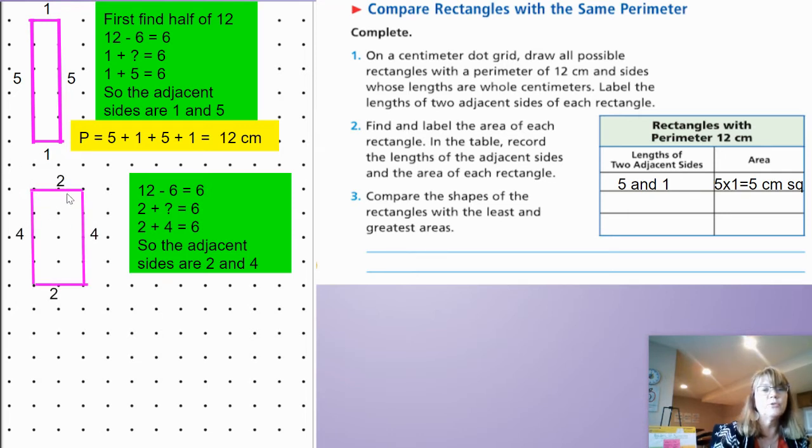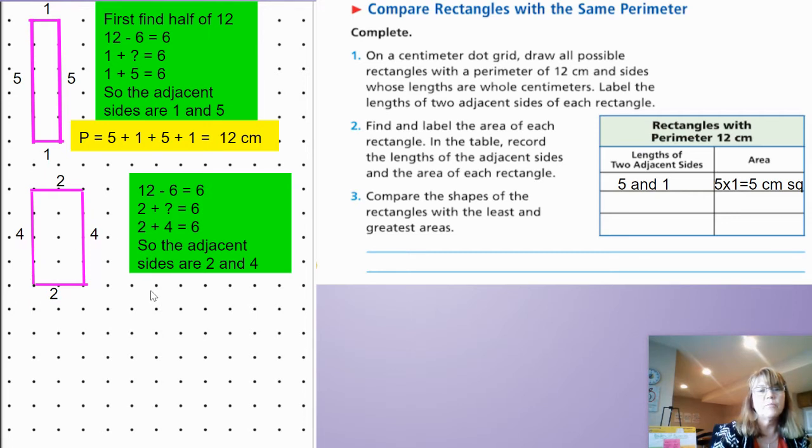We have 2 going across, 4 going down. Remember, it's between the dots: 1, 2, 3, 4 going down, 1, 2 going across, 1, 2, 3, 4 going up. So it's 4 line segments.